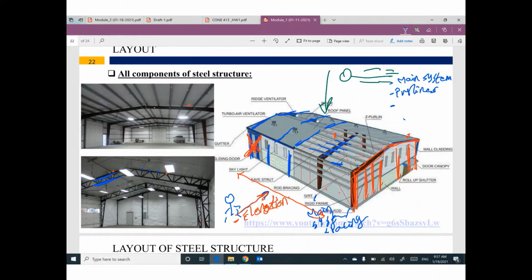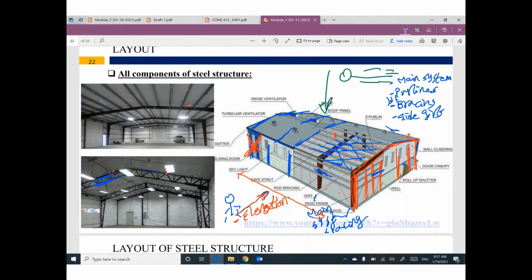We have bracing, horizontal bracing, this cross, this cross, this cross for wind load. And we have side girths on this side and the other side and this side.